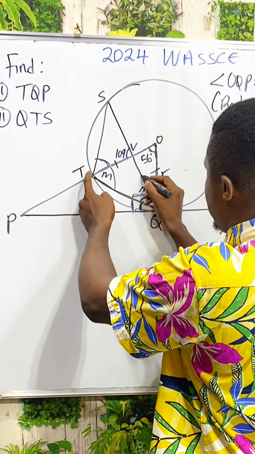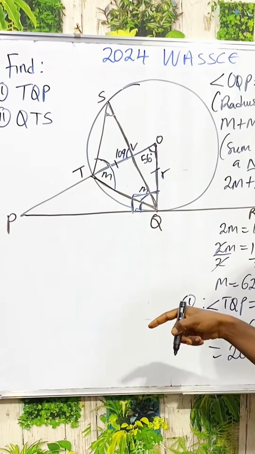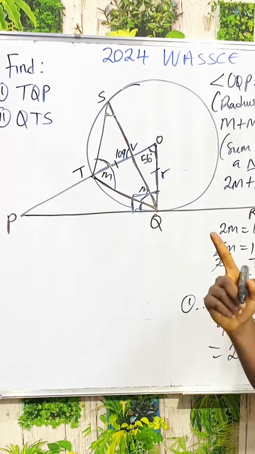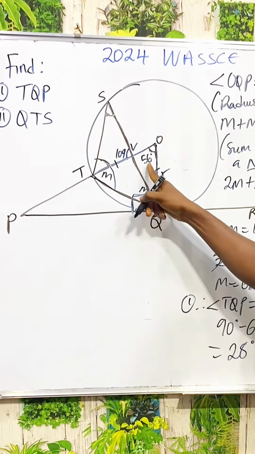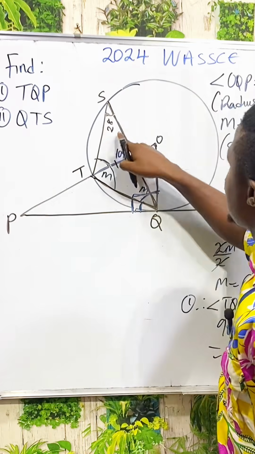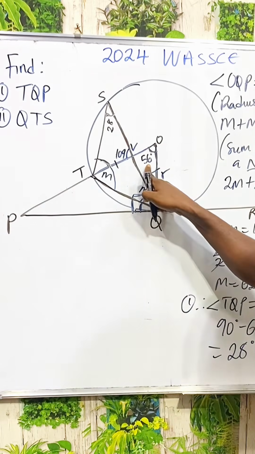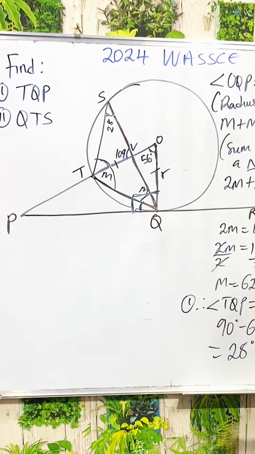The same chord is leaving an angle at the circumference. So angle at center is twice angle at the circumference, right? So if the center is 56 degrees, the circumference should be 28, such that 28 plus 28 will give you 56. Angle at center is twice angle at circumference.